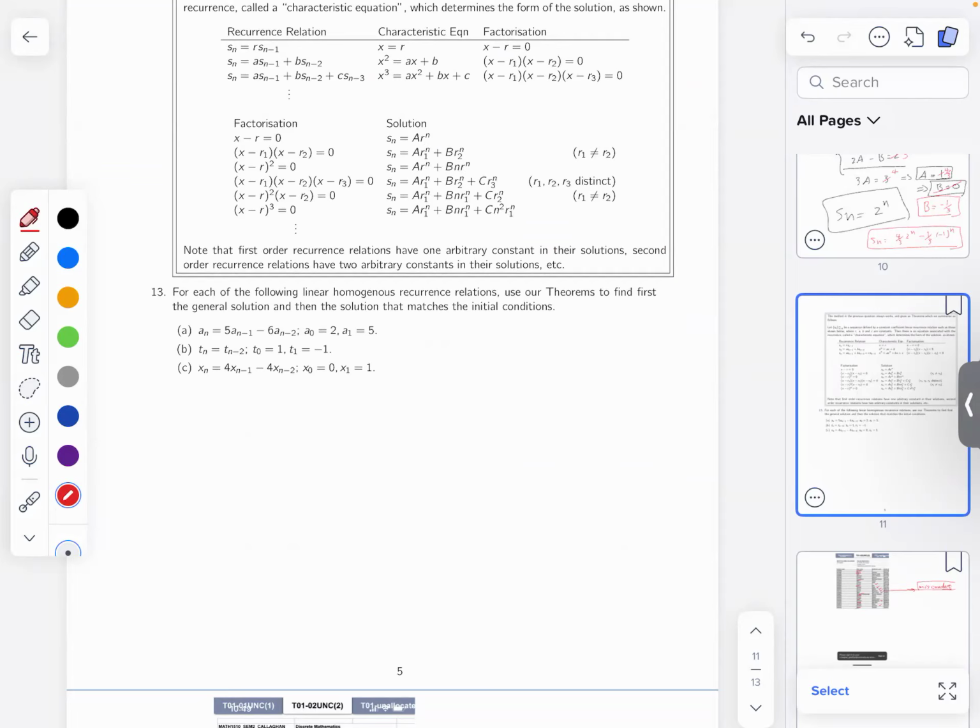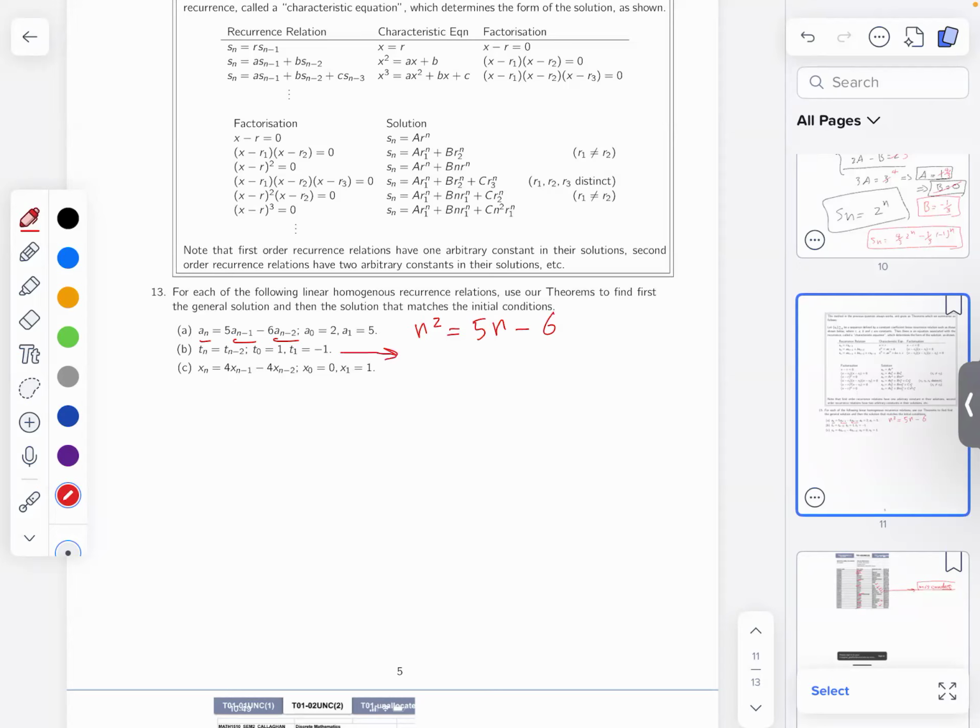It's not about non-homogeneous; non-homogeneous you will deal with next week. So what's the characteristic equation of this one? an = an minus 1, an minus 2. Look at this one. It needs your concentration. R power 2 equals 5r minus 6.